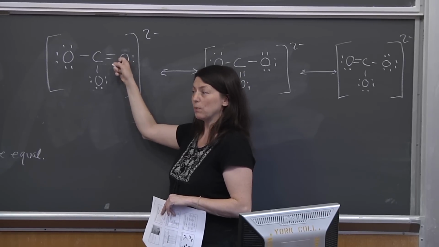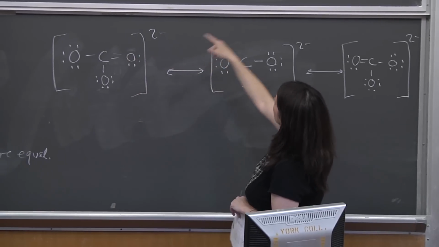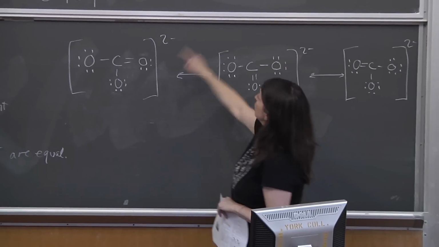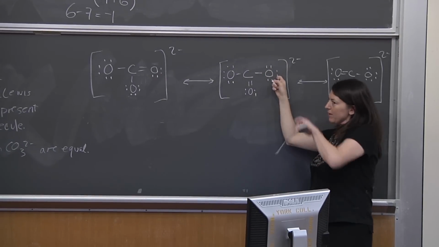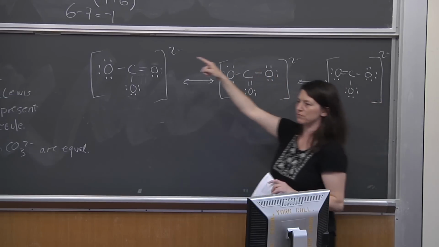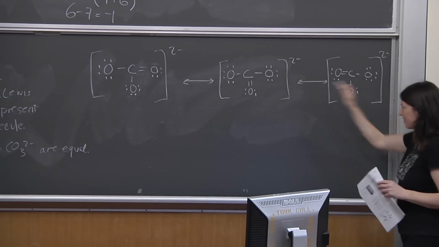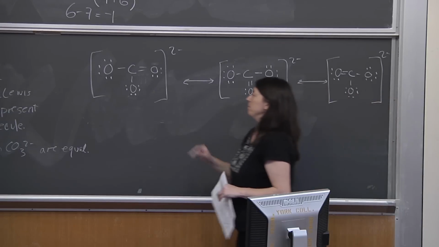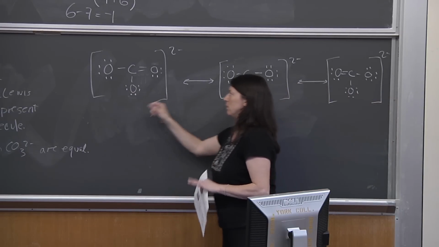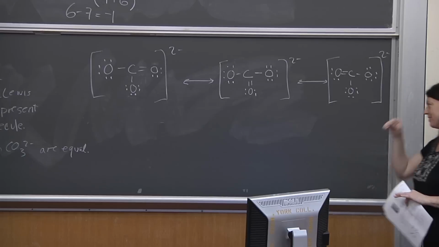Like we found this one, that is the one that was 2 + 4, so this one was a formal charge of 0. In this one, the right-hand oxygen has a formal charge of -1. So the formal charges on the specific oxygen changes, but they're all resonance structures. Okay?